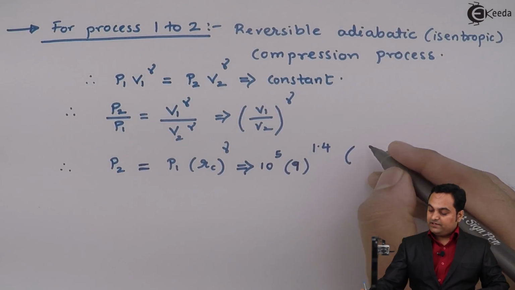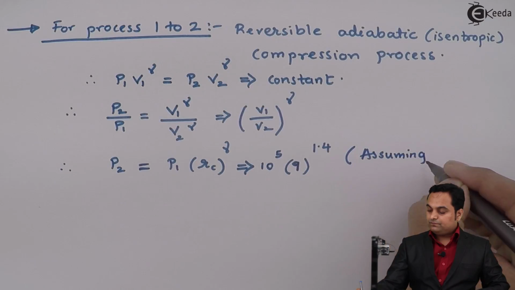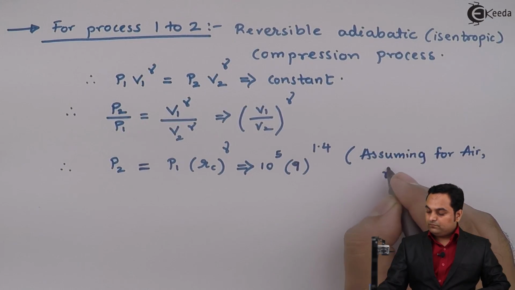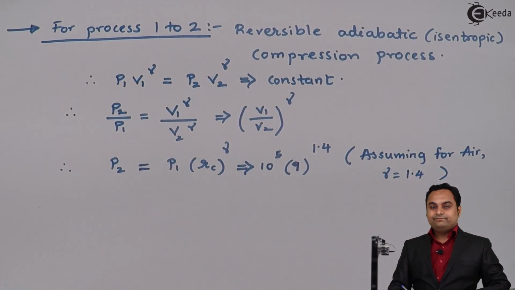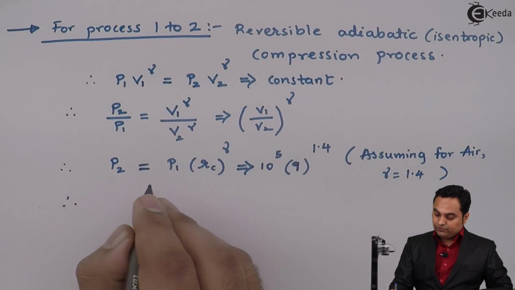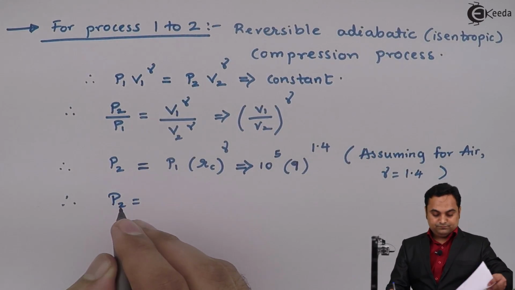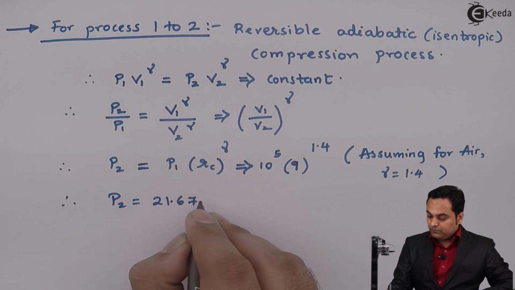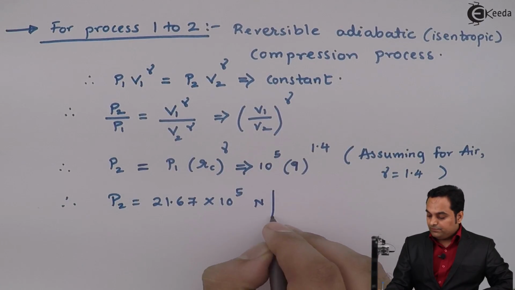I'll mention in the bracket, assuming for air, gamma is equal to 1.4. Therefore here I'll get the answer of P2 as 21.67 into 10 raised to 5 Newton per meter square.